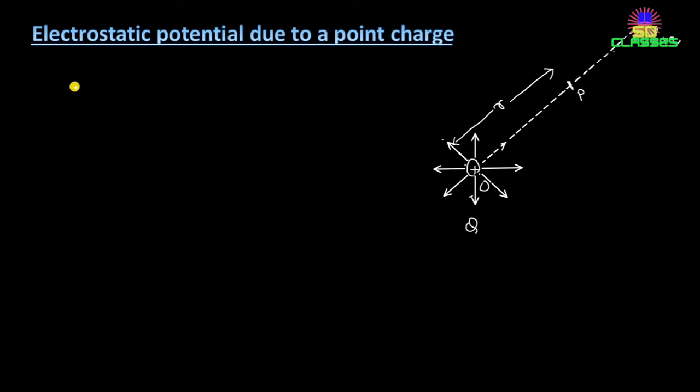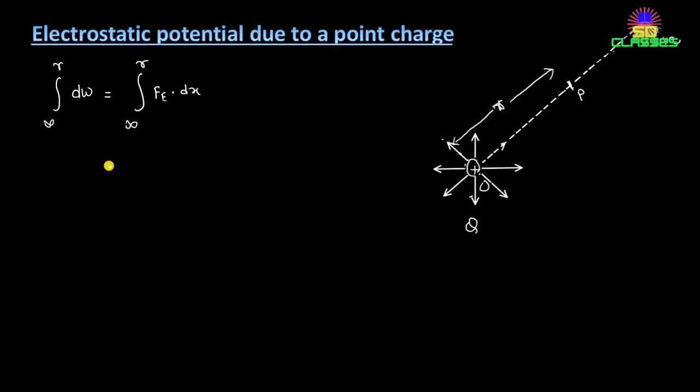So work done will be, the charge is brought from infinity to the point P. This distance is r, you can see that this distance is r, that is O to P. So you are bringing a charge from infinity to the point P, which is distant r from the origin. Okay, so this will be equal to Fe dx. It goes from infinity to r.